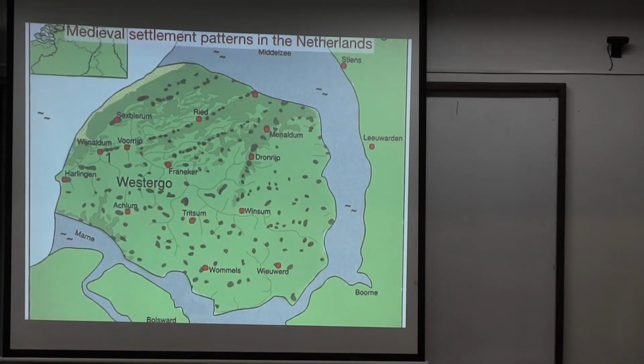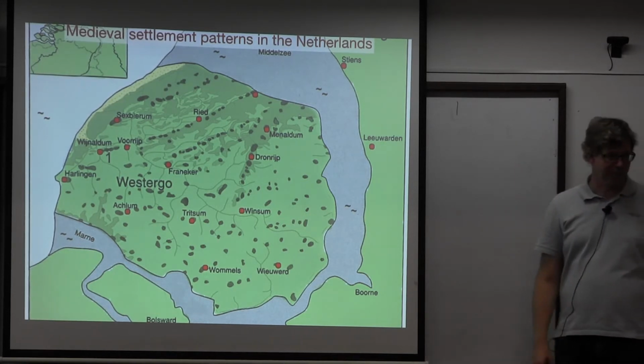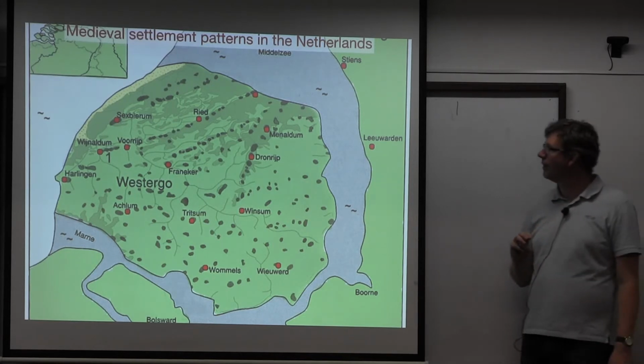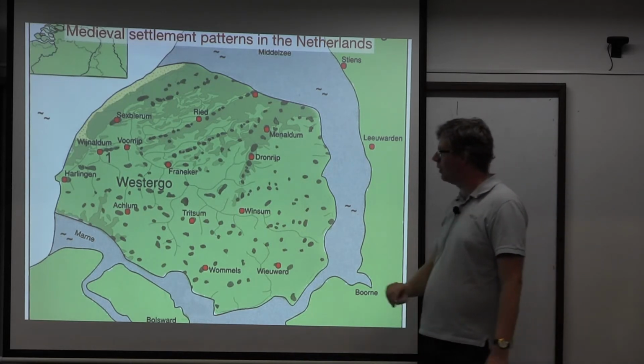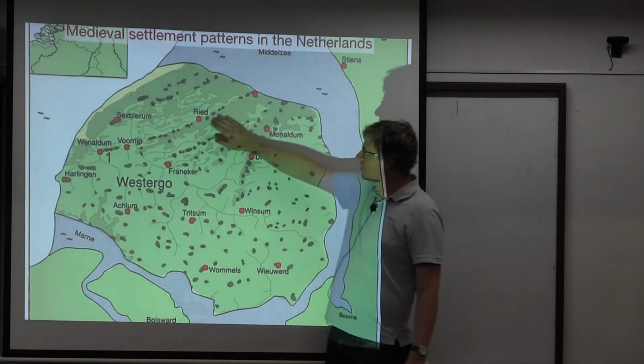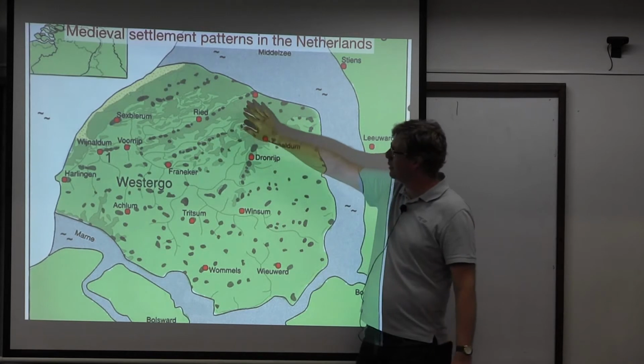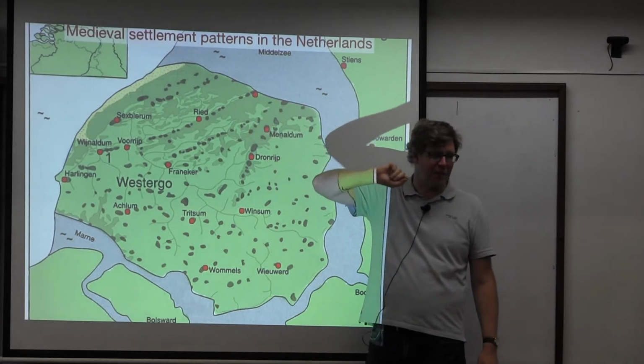So as many of you probably know, the Netherlands is a very flat country. It's very close to the sea. And if you went back 1,000 years, it was very often flooded. So what happened was that people would live on these small regions that were slightly higher than the surroundings. So these are settlement regions from medieval times.